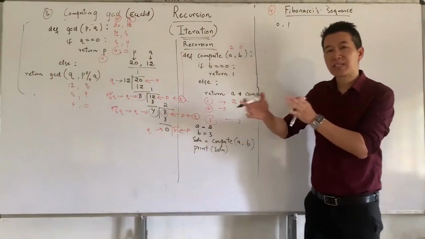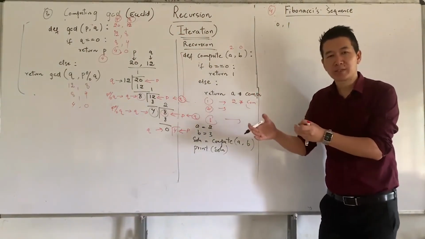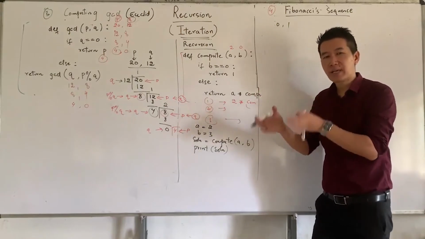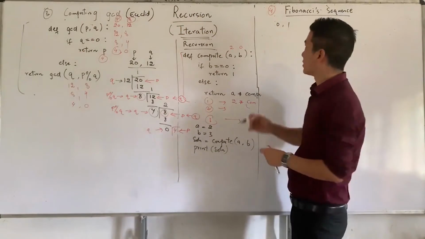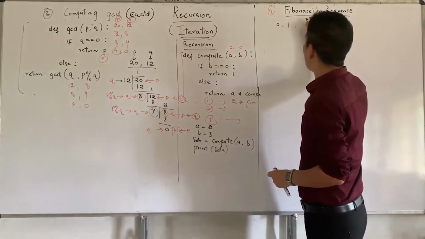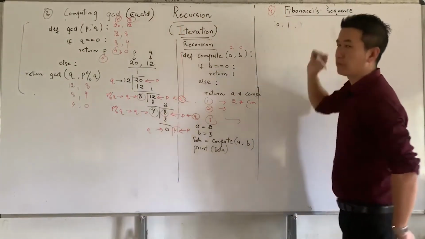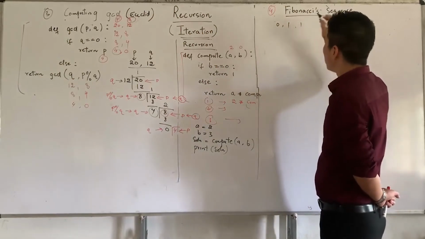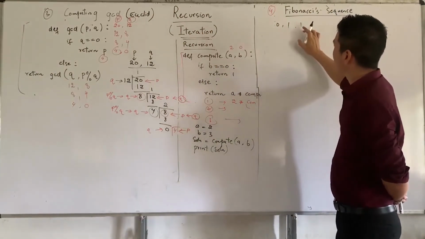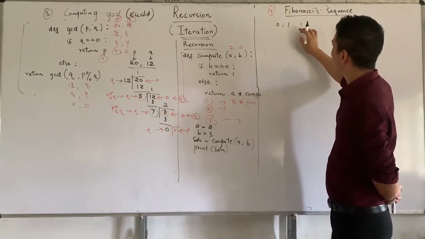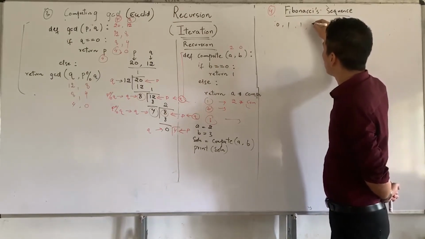I repeat, the successive Fibonacci numbers will be generated as a result of the addition of the two preceding numbers. So 0 plus 1 will be 1. So this will be the third number in the Fibonacci sequence, and then you have the two preceding numbers as 1 and 1. 1 plus 1, you will have 2.